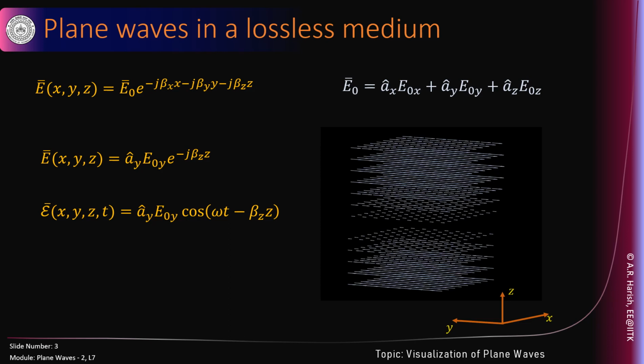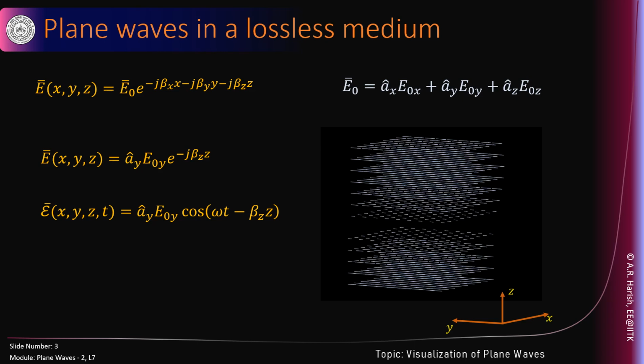Now if you notice here, the electric field amplitude is maximum when z equal to 0 and becomes 0 at some point in space, and again it becomes maximum but in the opposite direction after traveling the same amount of distance. So this distance is known as one wavelength, where the field repeats itself.